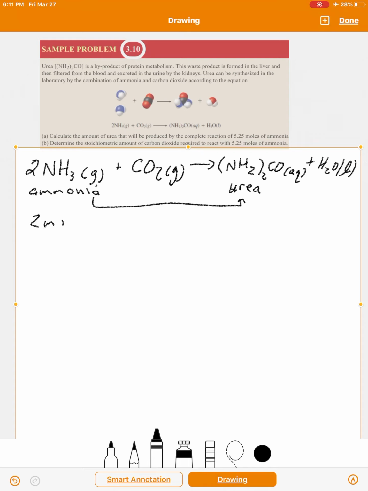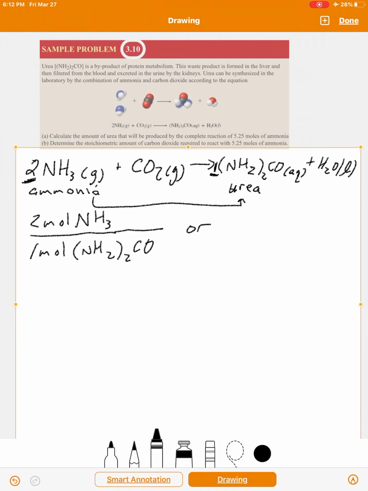It's 2 moles of ammonia for every 1 mole of urea. Every time that you form 1 mole of urea, it takes 2 moles of ammonia to form it. That's what those ratios are telling you there, 2 to 1, right? It's implicit that there's a 1 there. So it's a 2 to 1 ratio.